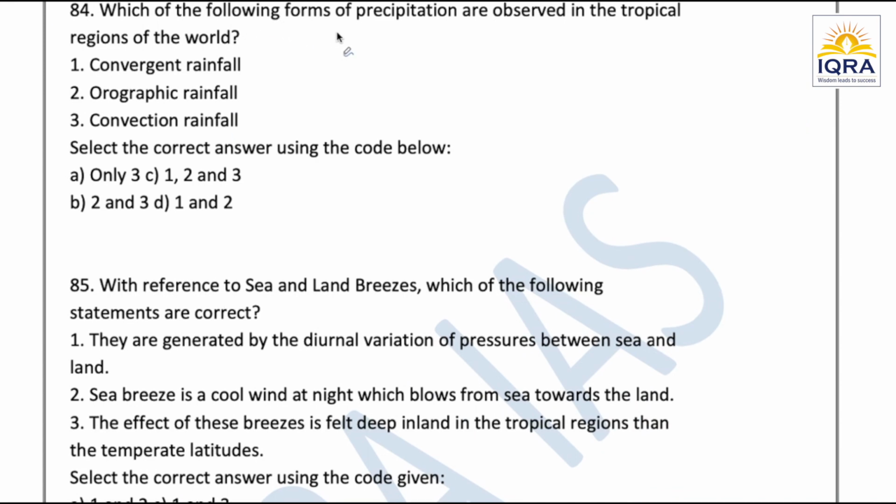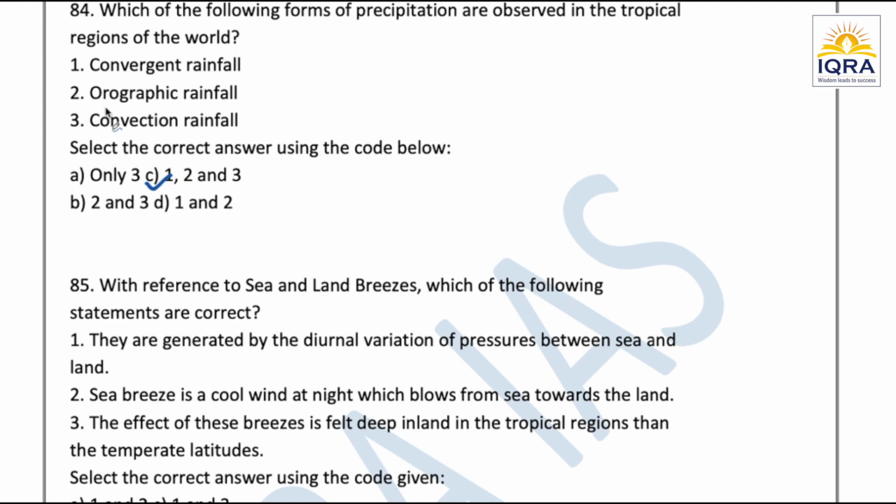Which of the following forms of precipitation are observed in the tropical regions of the world? Convergent rainfall, orographic rainfall, and convection rainfall. Select the correct answer using the code below. For this question, option number C, that is all of the above is the correct answer. To know about them in brief, convergent rainfall क्या होता है कि इस type के rainfall में this type of rainfall occurs when two different air masses meet with significantly different characteristics, right?